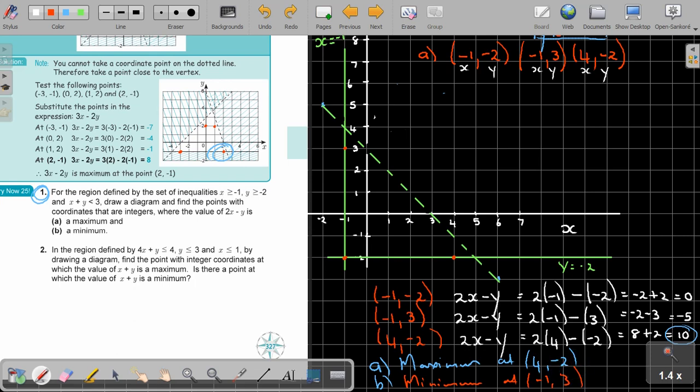Okay, so there's my minimum, -1 and 3, and there is my maximum. And that's how I do it.